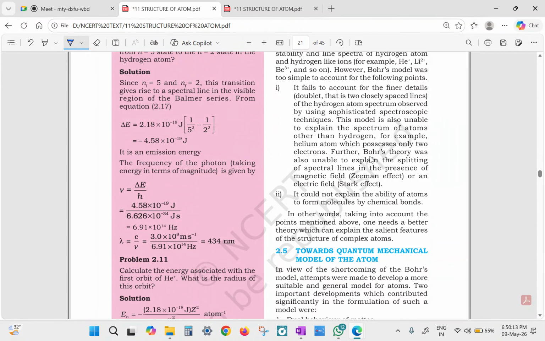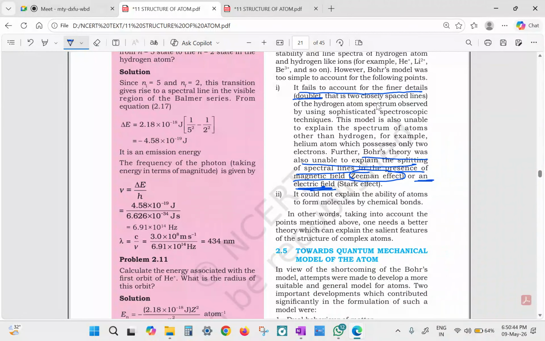So Bohr's theory was not able to explain the splitting of the spectral lines in the presence of a magnetic field, which is called the Zeeman effect. They will ask you, what is the Zeeman effect? Or the Stark effect. What is the Stark effect? The splitting up of the spectral lines in an electric field. So Bohr's model fails to account for the finer details.